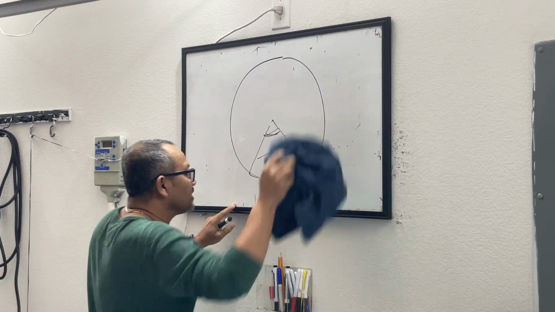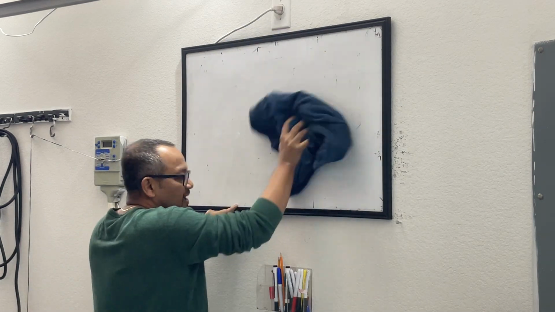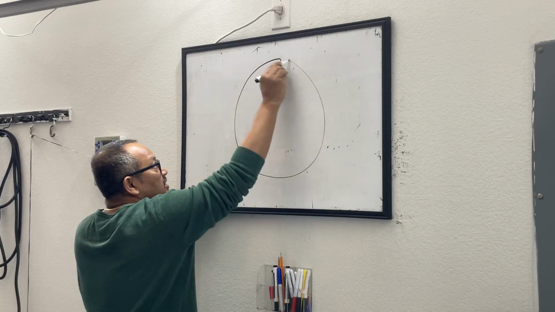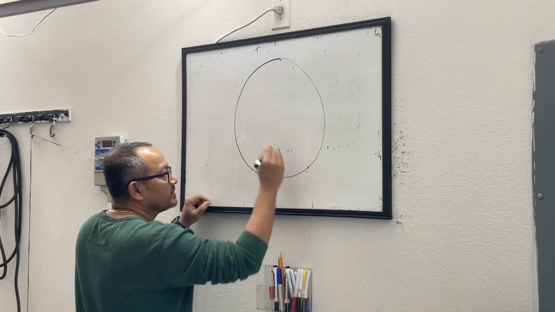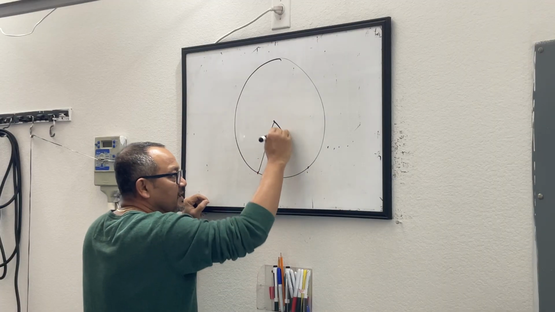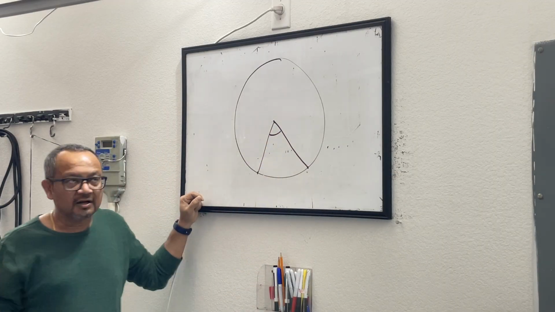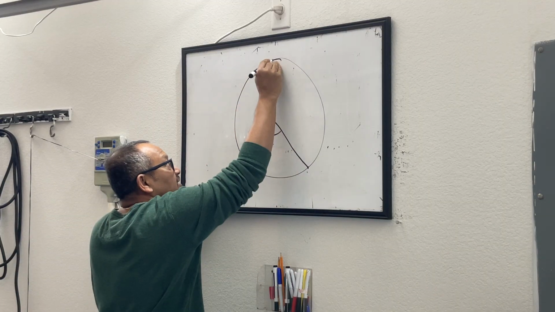Now, in the last class when we were doing some problems, I told you that if I have a circle and I pick 2 points, the angle that these 2 points make at the center is half of the angle it makes anywhere else.